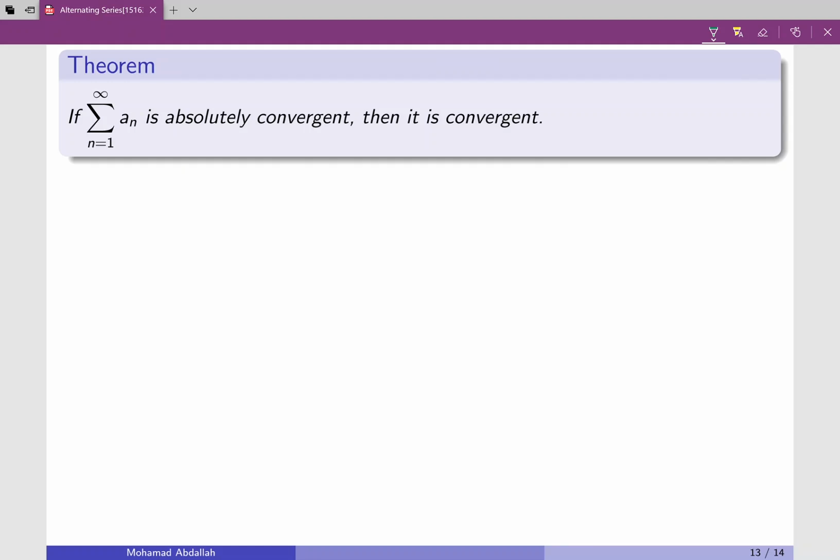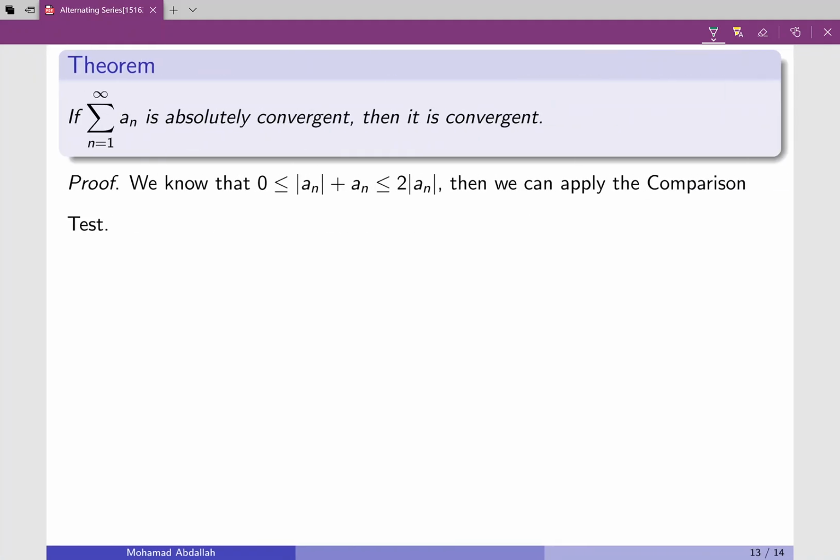Theorem: if the sum from n equals 1 to infinity of an is absolutely convergent, then it's convergent. Okay? So this is a really nice theorem here. We know this inequality, because this guy can be 0 when this is 0. This is 0 if an is negative. For example, if you take any number, 0 is less than or equal to the absolute value of -2 plus -2, which is less than or equal to 2 times the absolute value of -2.